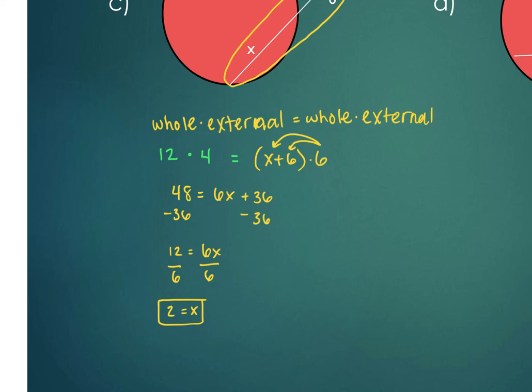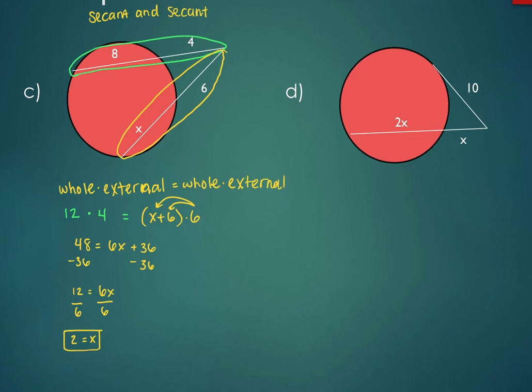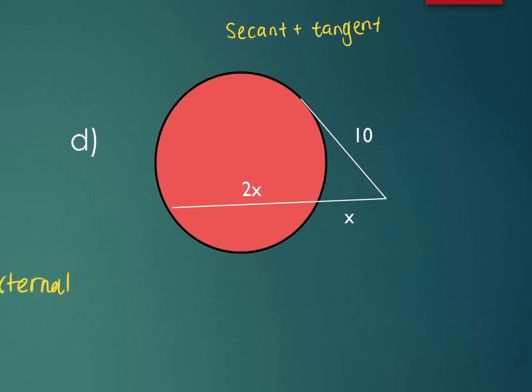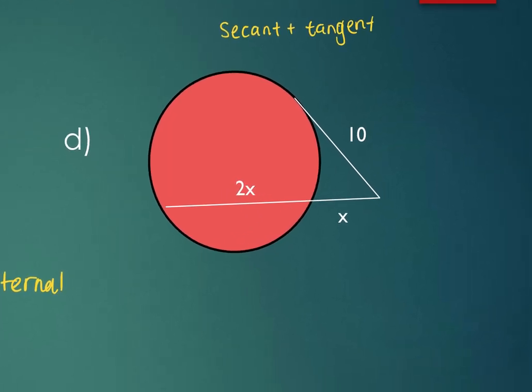Okay, let's check out another example. What kind of example is this? A secant and a tangent. So remember, we're going to take the tangent and do what with it?